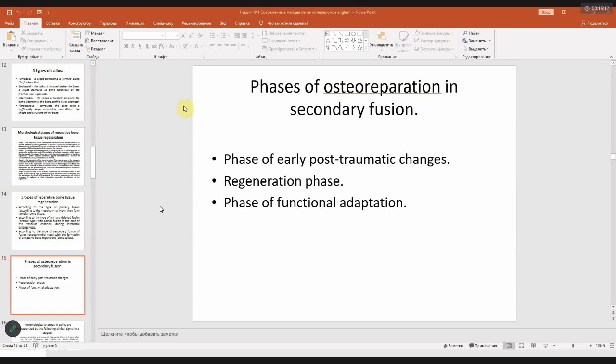Phases of osteoreparation in secondary fusion: phase of early post-traumatic change, regeneration phase, phase of functional adaptation.